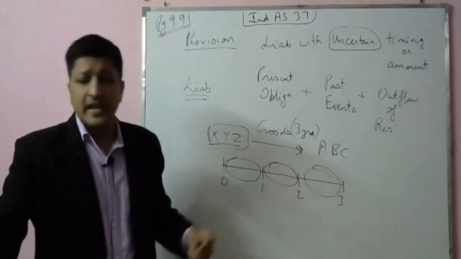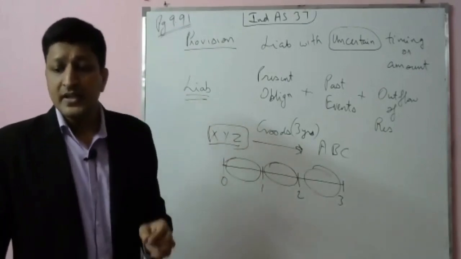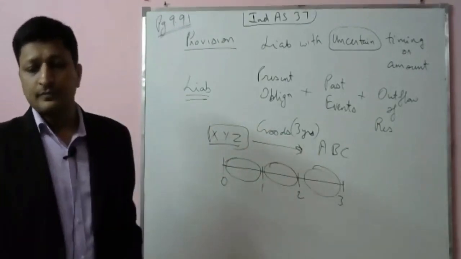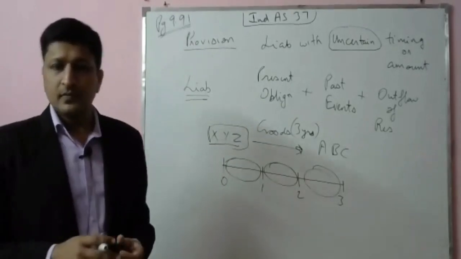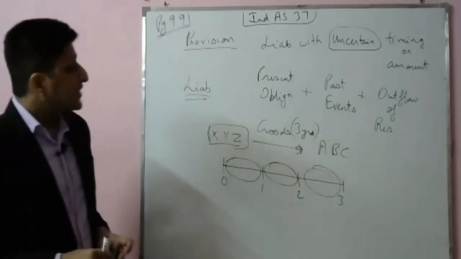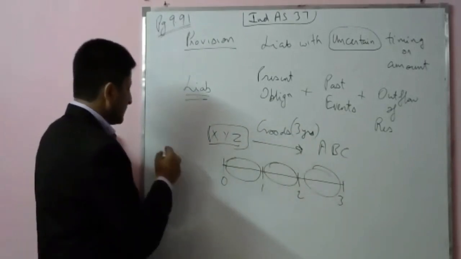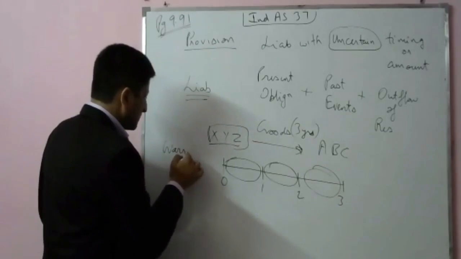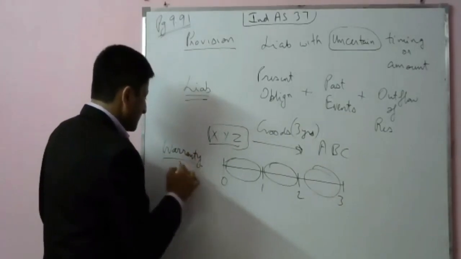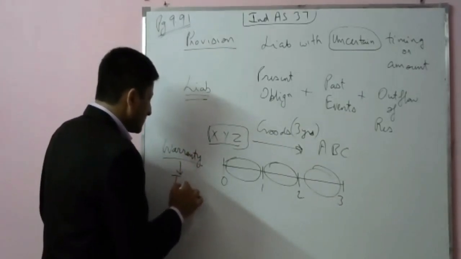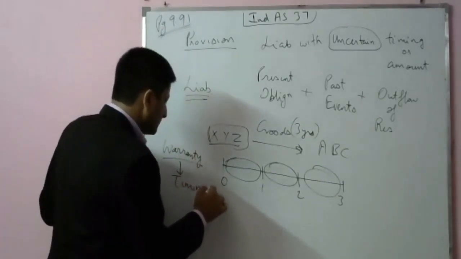But as regards timing, can that really be certain? No, not possible. Correct? So that's why, what is the first thing that we see in case of warranty? The timing is uncertain.